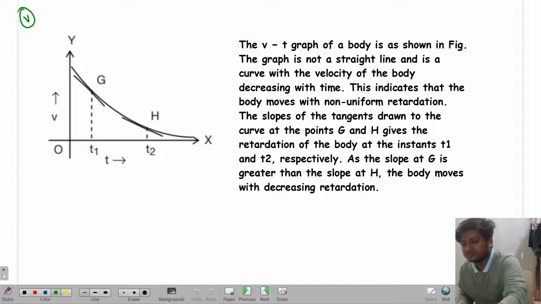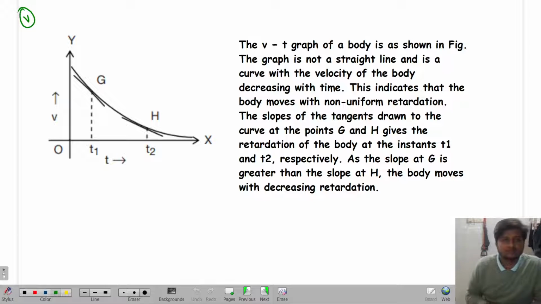Sir, the velocity at point G is greater than the velocity at point H. Yes or no? Can I say that?